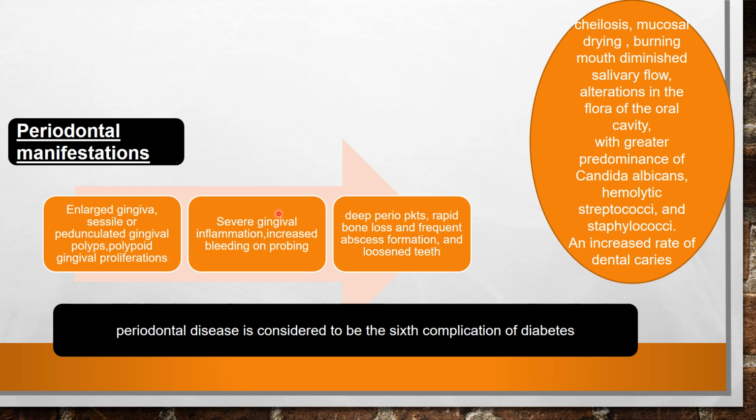Severe gingival inflammation and increased bleeding on probing, increased clinical attachment loss, and deep periodontal pockets. In children, it is more in the molar and incisor region, where there is type 1 diabetes mellitus. You can also see rapid bone loss, frequent abscess formation, and loosening of teeth. Periodontal disease is considered to be the sixth complication of diabetes.